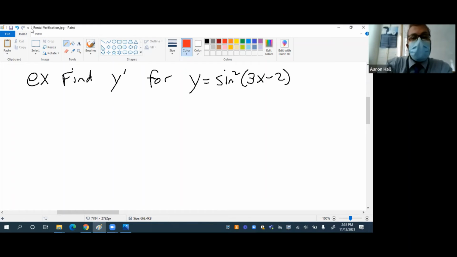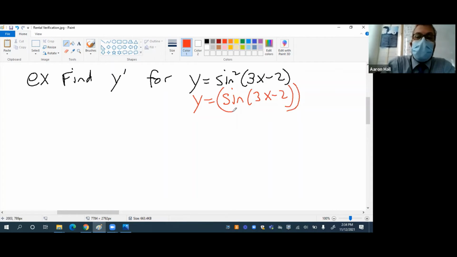Because I could rewrite this. What does this mean? Does that mean that the angle is squared? It means all of it is squared, right? So that means that I could rewrite this. In fact, that's probably helpful until you get used to it. I'd rewrite this as sine of 3x minus 2, all squared.